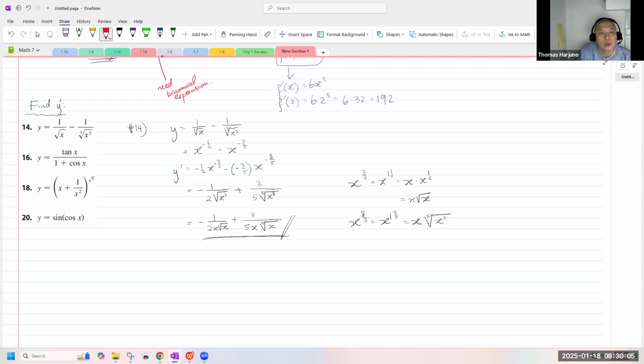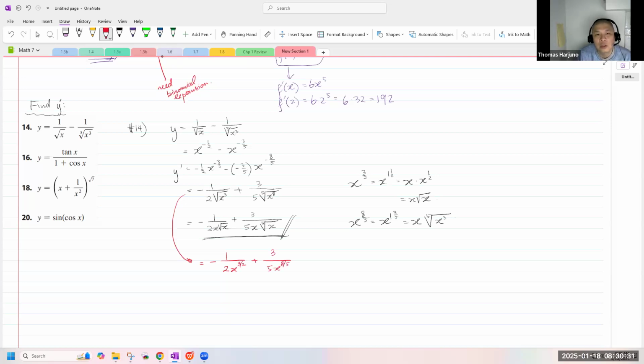But suppose we want to see how the textbook will rewrite it into common denominator. Notice that from here we see this is negative 1 over 2 x to the 3 half plus 3 over 5 x to the 8 fifth.